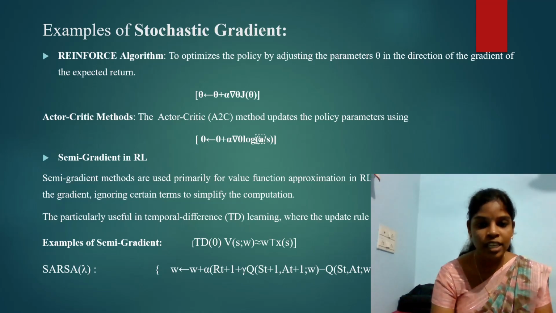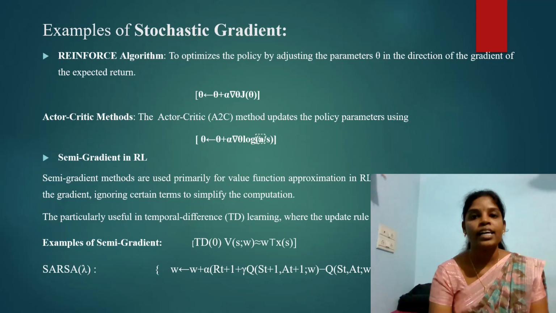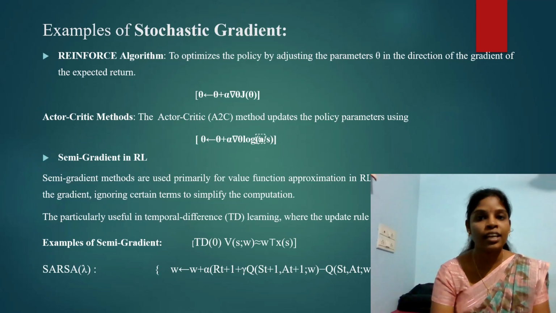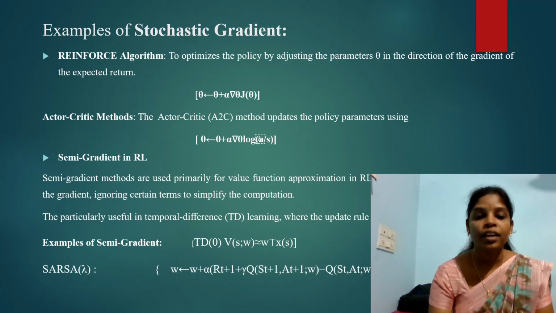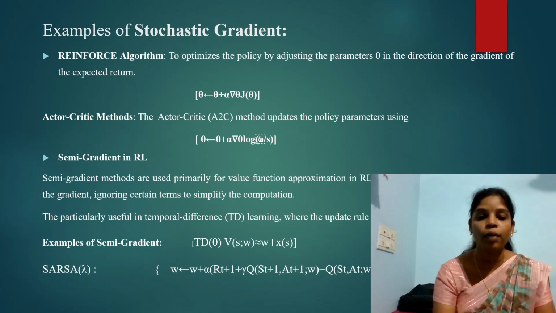An example of semi-gradient is SARSA: state, action, reward, state, action. The state is the starting point and the action is the ending. Then with TD(0), the value function of the state is approximated as W transpose X of S. W is the new parameter, updated with alpha.